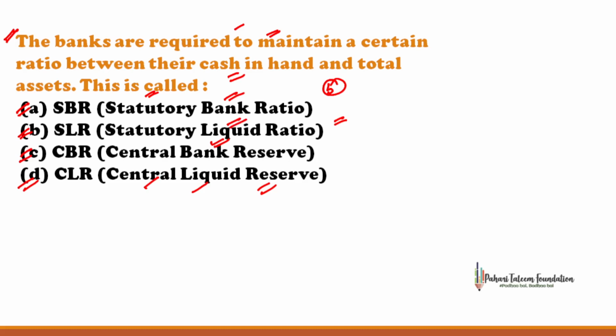SLR is actually a portion of a fund which banks are required to maintain in the form of cash, gold reserves, or government approved securities before providing credit to the customers.